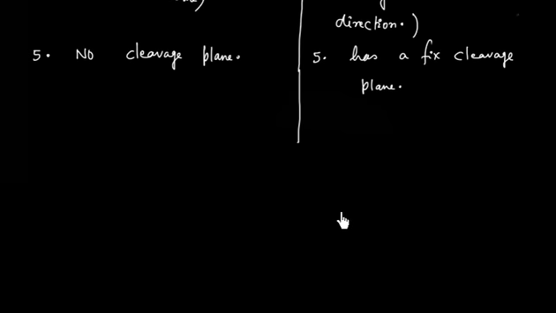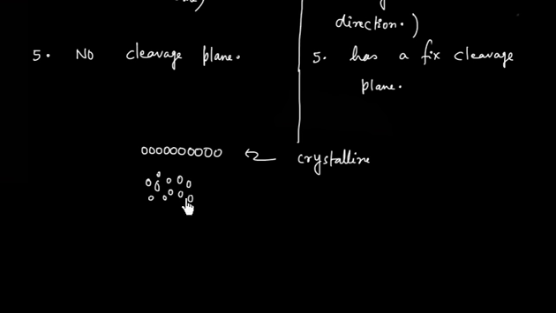Last point: whether a solid is crystalline or amorphous depends upon how it is manufactured, how the atoms are arranged. If the atoms are arranged in an orderly manner, the compound becomes crystalline, and if they are arranged in a disorderly manner, it is amorphous.